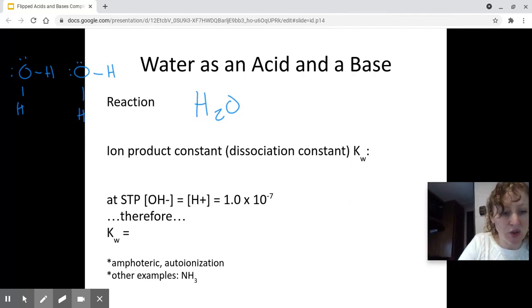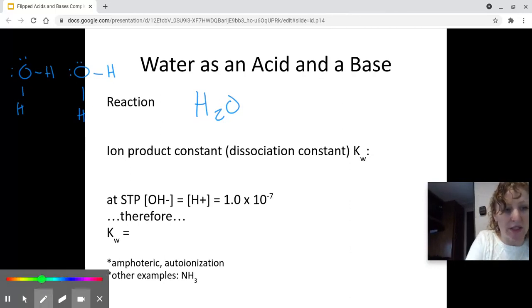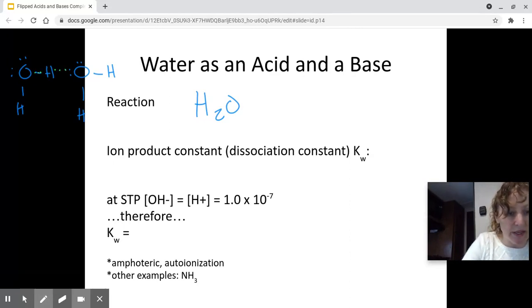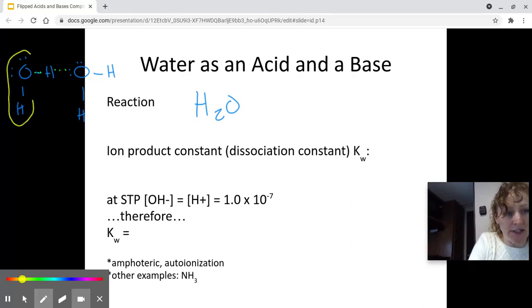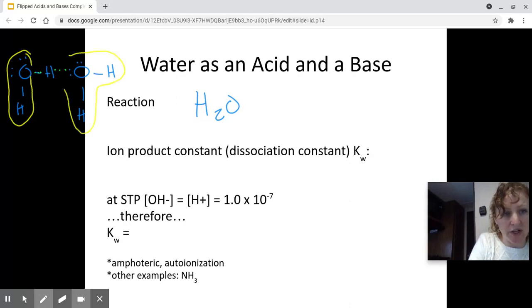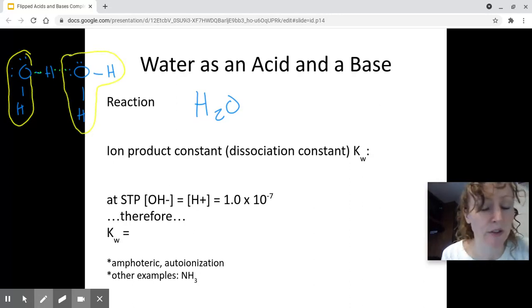And these two things are going to be fighting over a hydrogen. So we have a hydroxide ion trying to hang on to that hydrogen. We have another water trying to battle for that hydrogen, right?